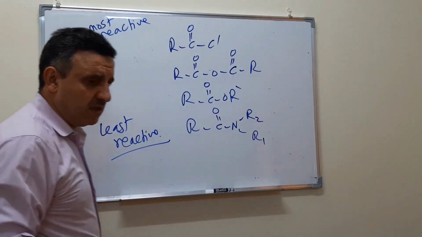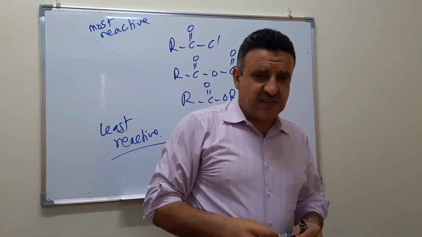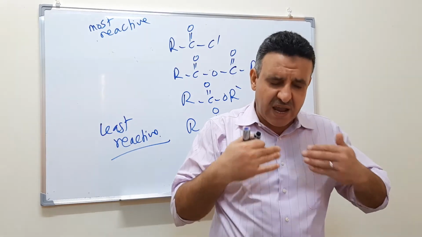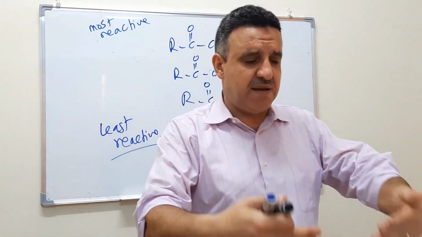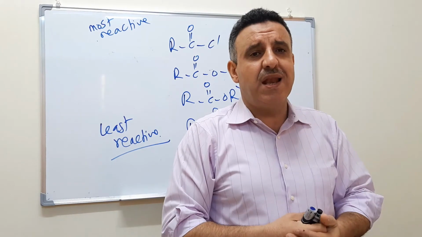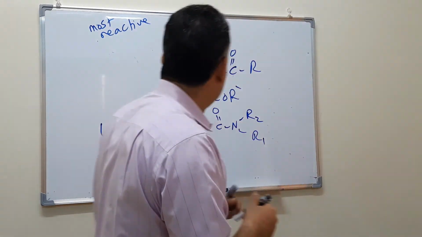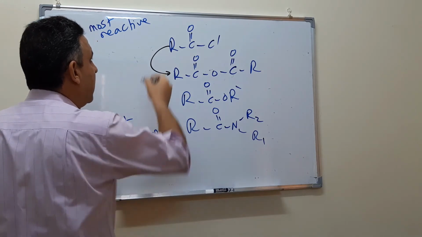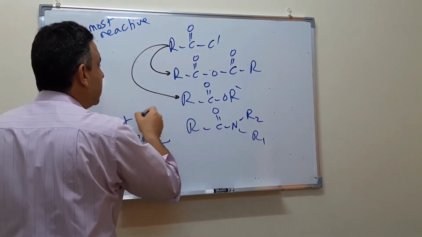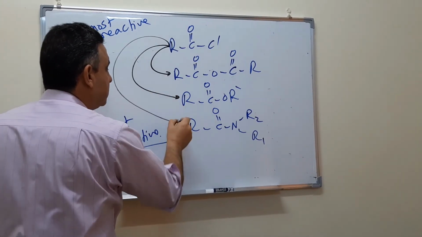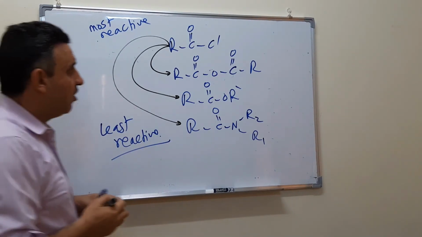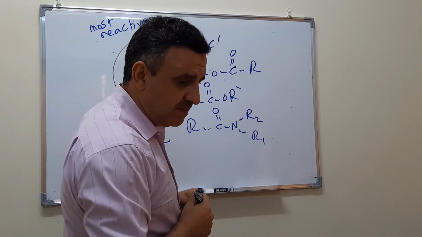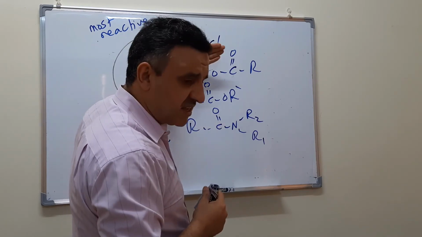So the rule here is very simple. All reactive carboxylic acid derivatives can be converted to any less reactive one. In other words, acid halide can be converted to the anhydride, to the ester, to the amide, because all of these are less reactive than the acid halide, but vice versa is not true.